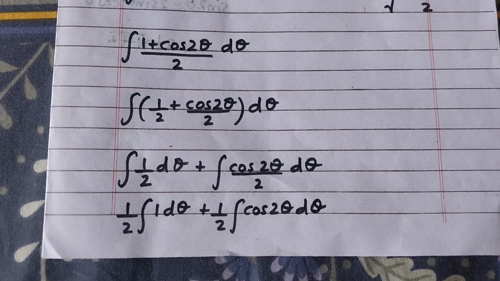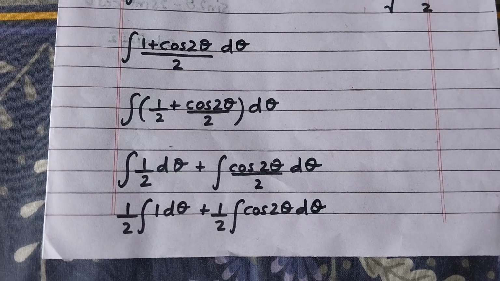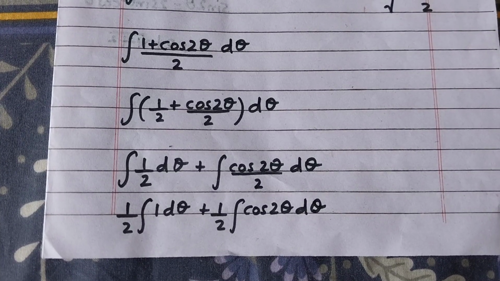So we know that if it was just cos theta, we would have said that the antiderivative of cos theta is just sine theta, because the derivative of sine theta is just cos theta.